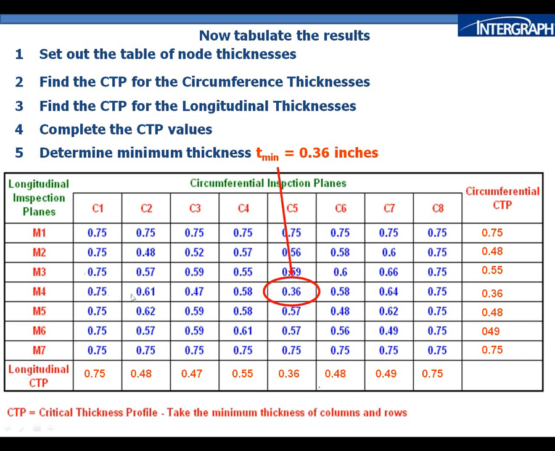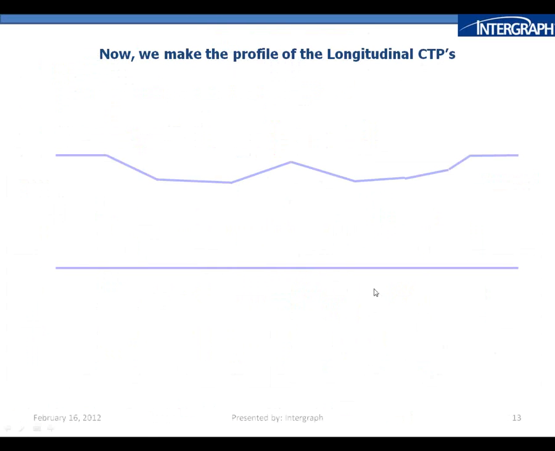Now we can create a profile of all the thicknesses along this line. How do we do this? Well, it's done like this. There's the profile along there. Obviously, we just use straight lines. These represent the thicknesses at each node. We find the thinnest thickness, and we consider the thicknesses either side of that.